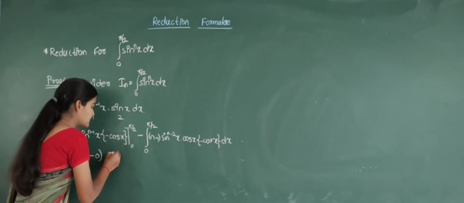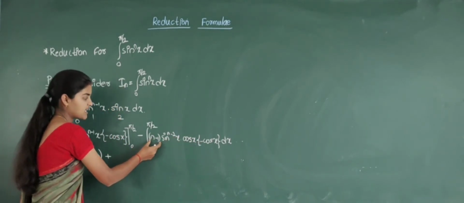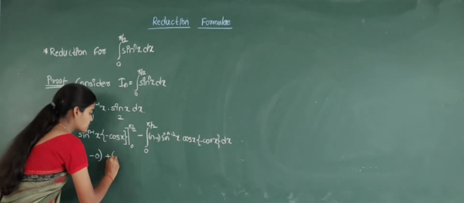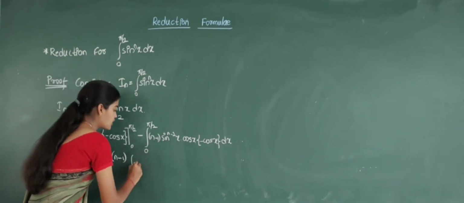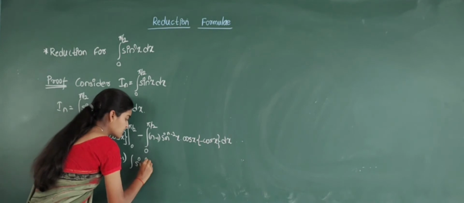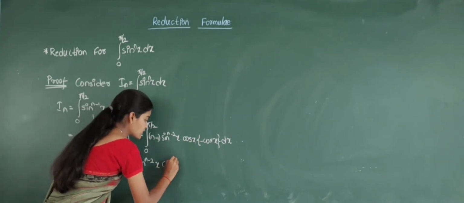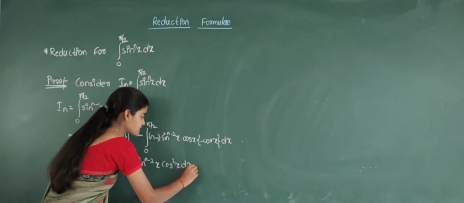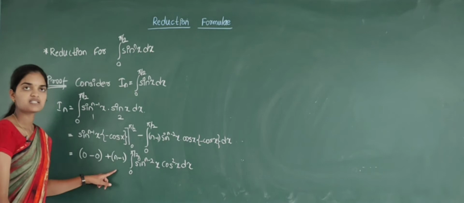Then minus, and this minus I will take outside, so it is plus. Again n minus 1 is a constant, taking it outside, we get n minus 1 integration of sin raised to n minus 2 x into cos square x dx. Integration is from 0 to pi by 2.